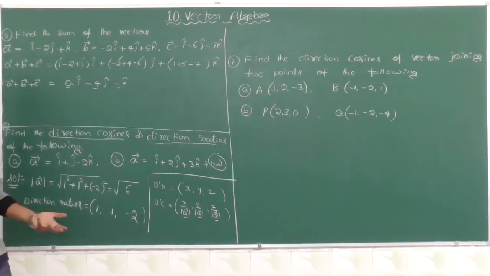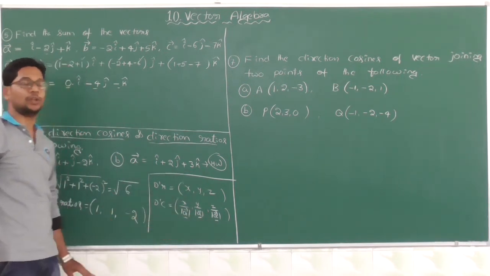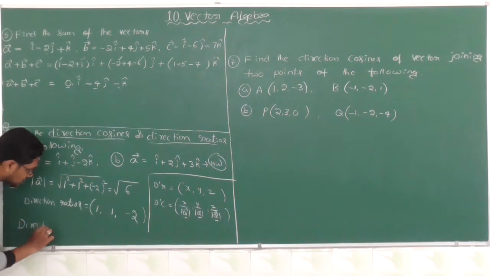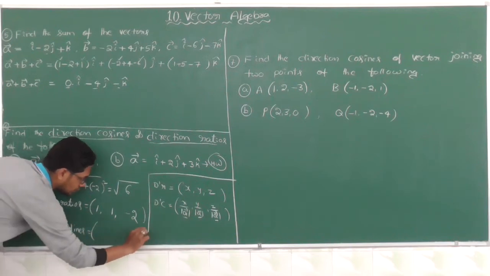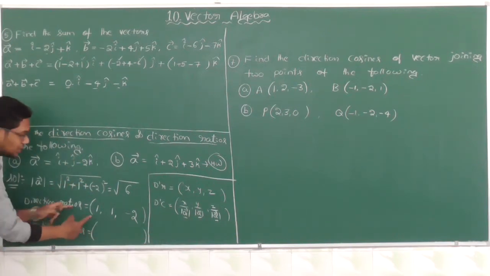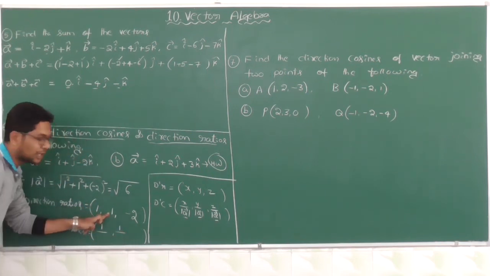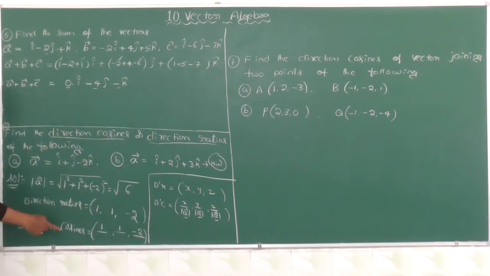For direction cosines, we need the magnitude. So at the start itself, I found the magnitude of A vector. Now the direction cosines: the direction ratios 1, 1, -2, each divided by the magnitude in the denominator.